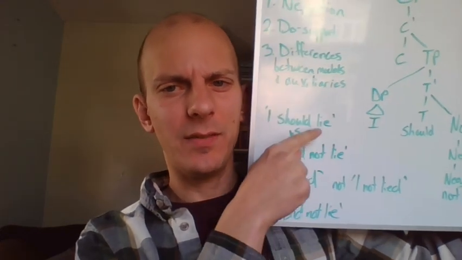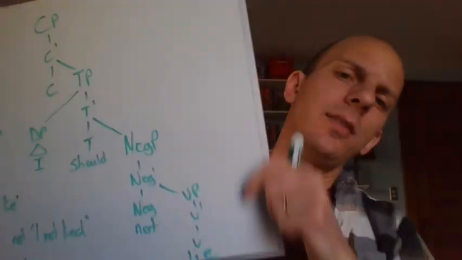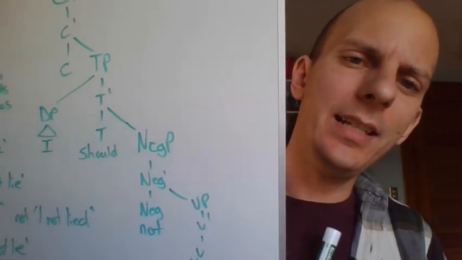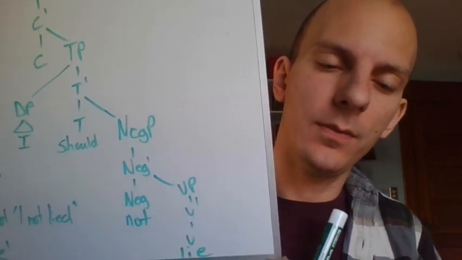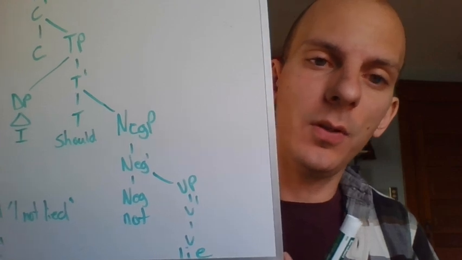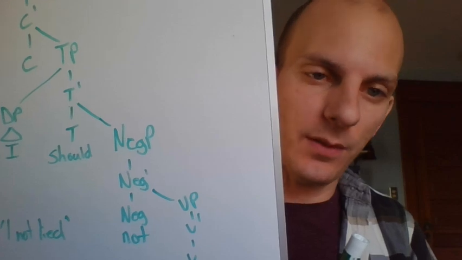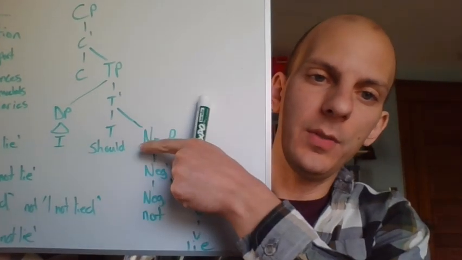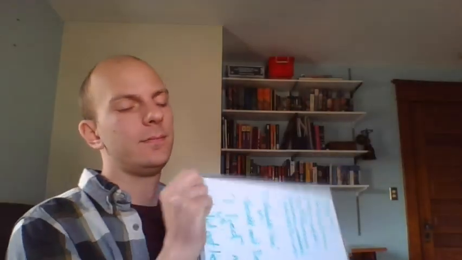But if we're thinking of this structurally, and this is the structure we want for negation, well then we have some explaining to do. Because using our normal rules, our expectations up to this point, the only thing we should be doing is replacing should with the past tense ed.